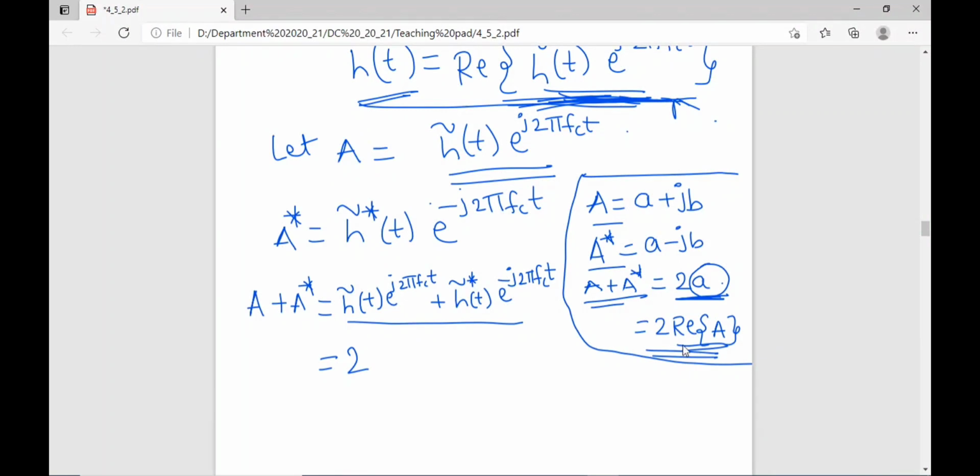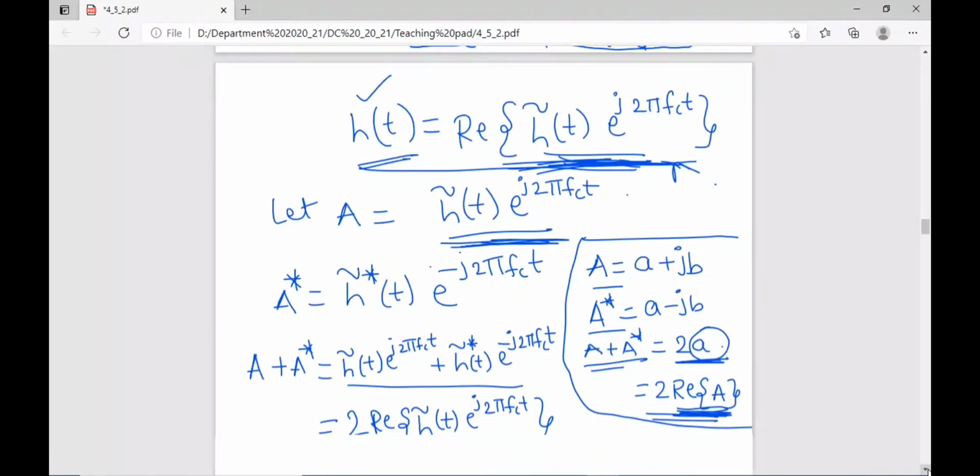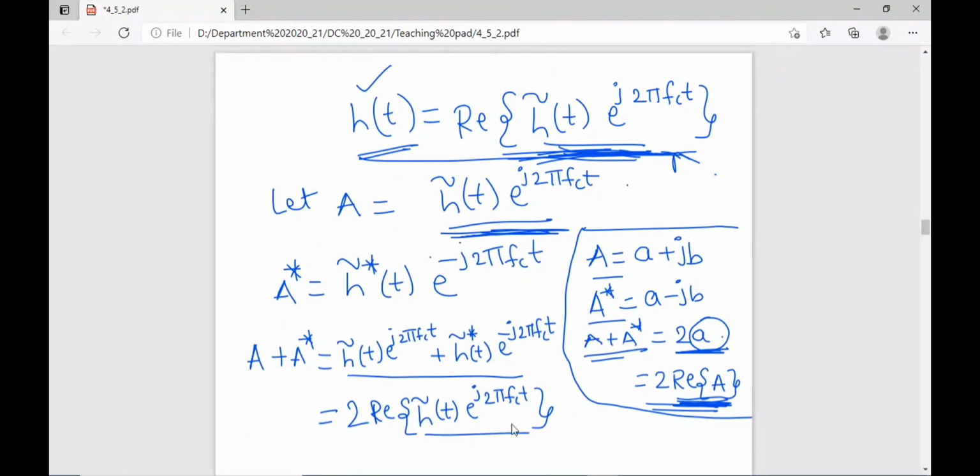A can be represented as Re of A. What is A I have taken? This one, right? So Re of A is nothing but the real part of h tilde of t e power j2 pi fct. This entire thing is nothing but h of t.